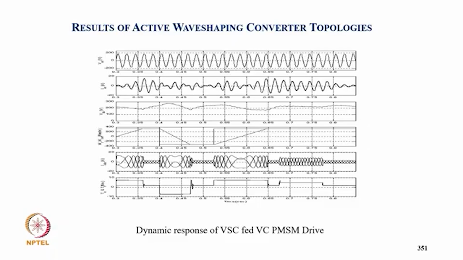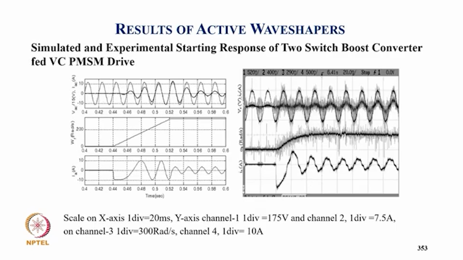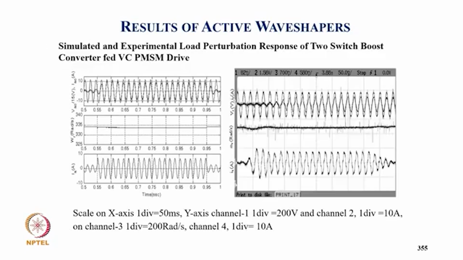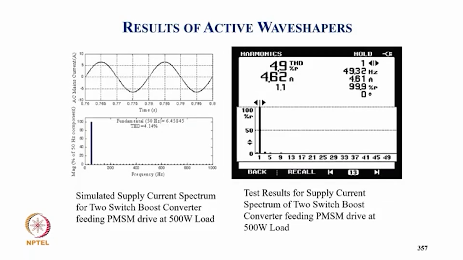So how the regeneration takes place on the supply side, and this is the simulated and experimental performance for the single switch boost converter, then the two switch boost converter, and then how the load application and load removal take place for the two switch. Then the harmonics, typically THD with the single switch is 7.12% simulated and 8.8% experimental.